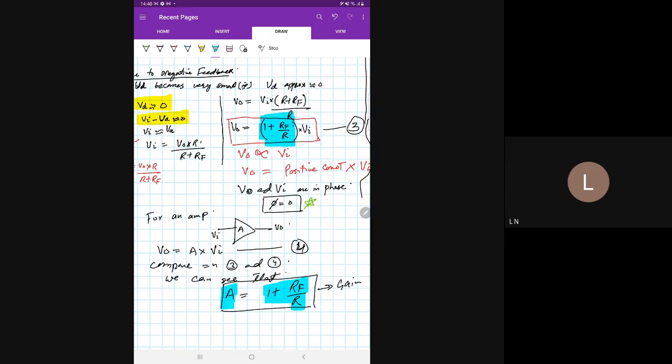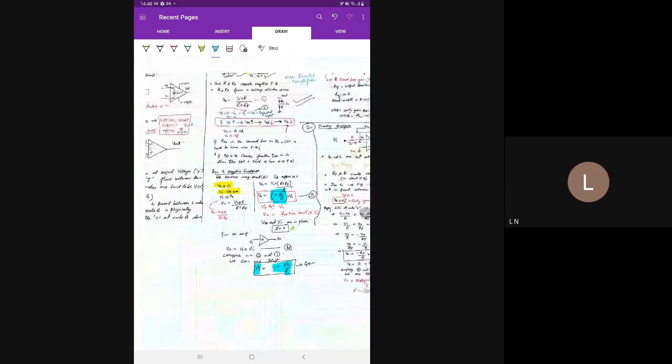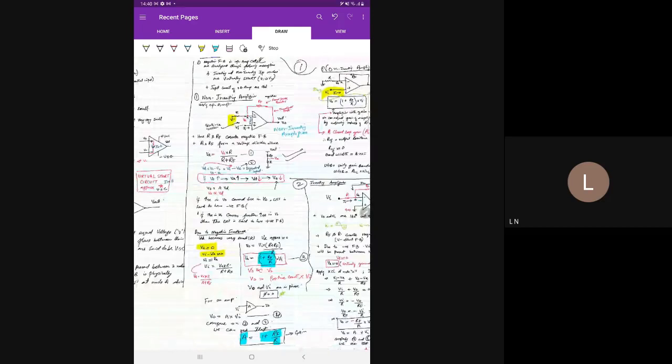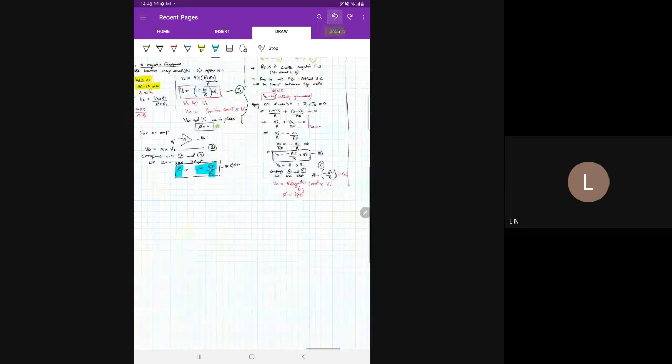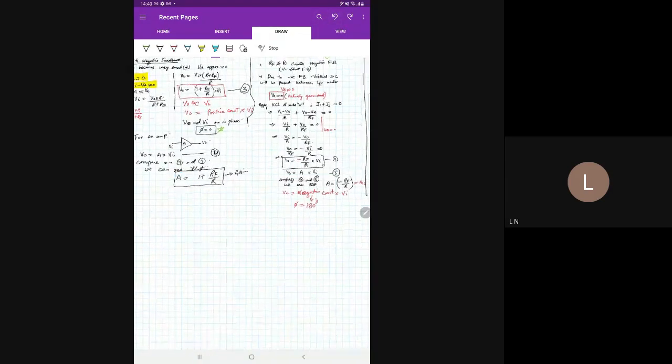So in this non-inverting amplifier, the gain is equal to 1 plus Rf by R.